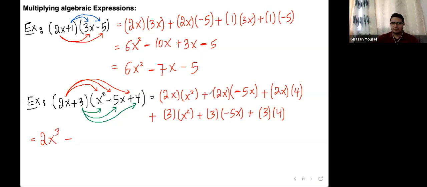Plus 2x times minus 5x gives minus 10x squared. Plus 2x times 4 gives me 8x. Plus 3 times x squared gives me 3x squared. 3 times minus 5x gives me minus 15x, and the last thing here, plus 12.